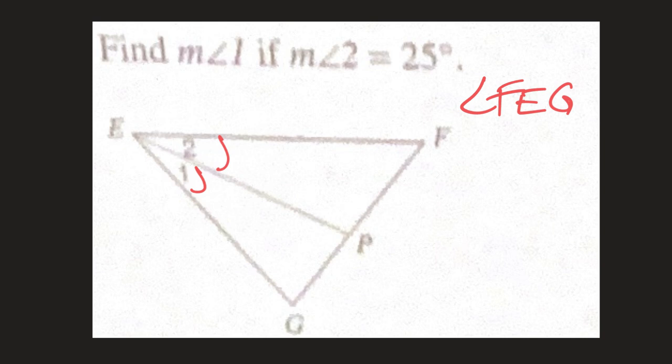So right here, they want us to find the measure of angle 1 if the measure of angle 2 is 25 degrees. Well, if that line truly has bisected that angle into two equal parts, if angle 2 is 25, then what's angle 1? 25. I mean, we're starting very simple here, but that's the idea, okay?